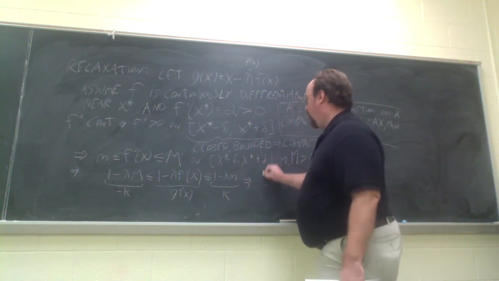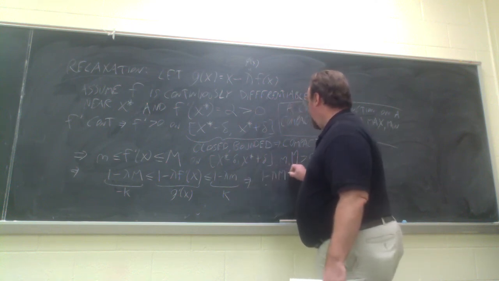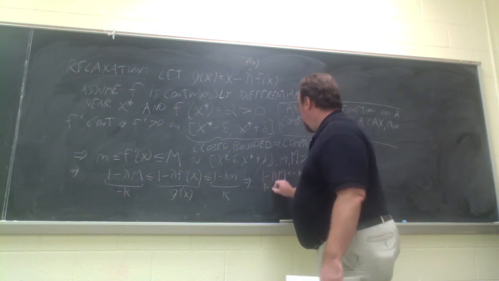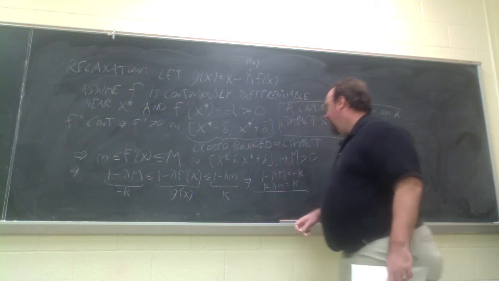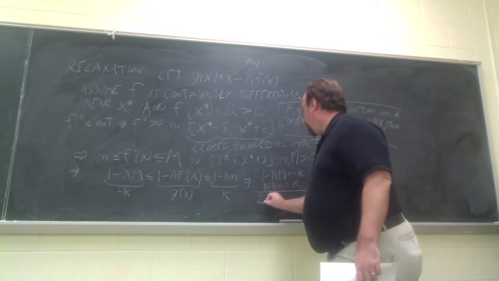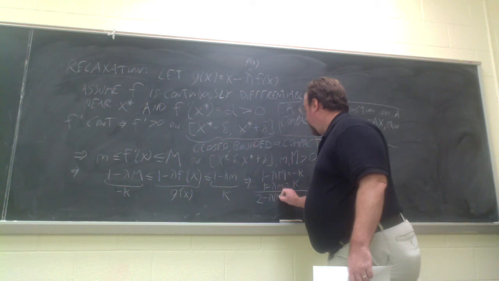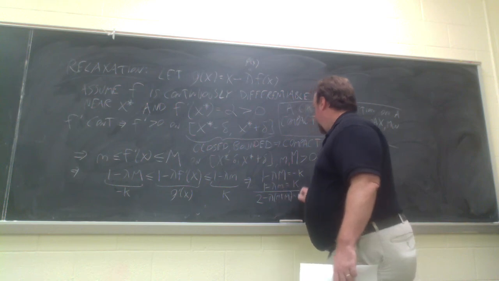We have 1 minus lambda big M equal to minus k, and 1 minus lambda little m equal to plus k, and we're going to add these two equations. So we get 2 minus lambda times little m plus big M equals 0.